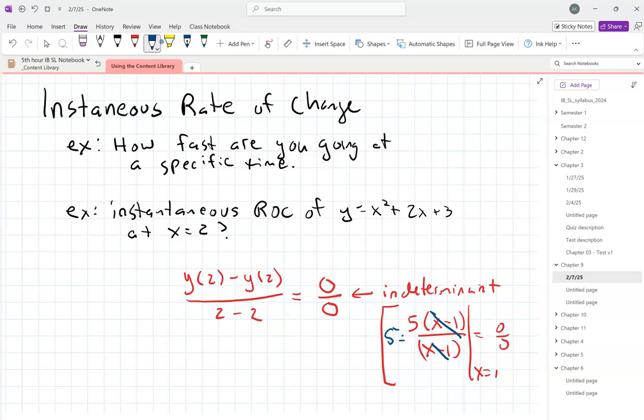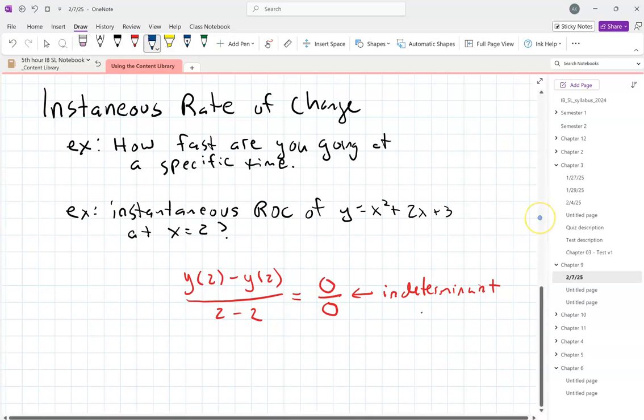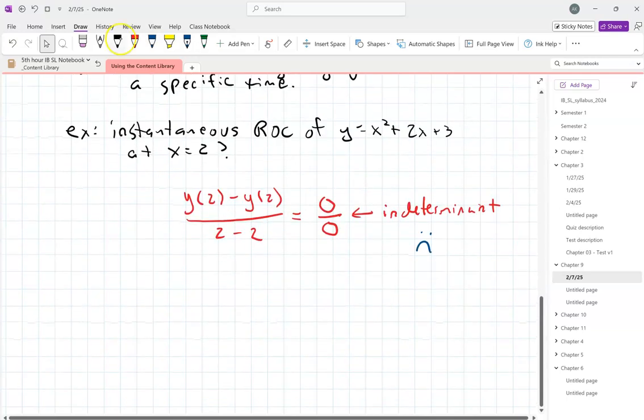So 0 over 0 could equal 5. And I could do this for any constant out front and show that 0 over 0 could be any value, right? That's what we mean by indeterminate. Literally you could assign any number to that. So that's not super. But let's think back to what we were doing, right? When we drew the picture.